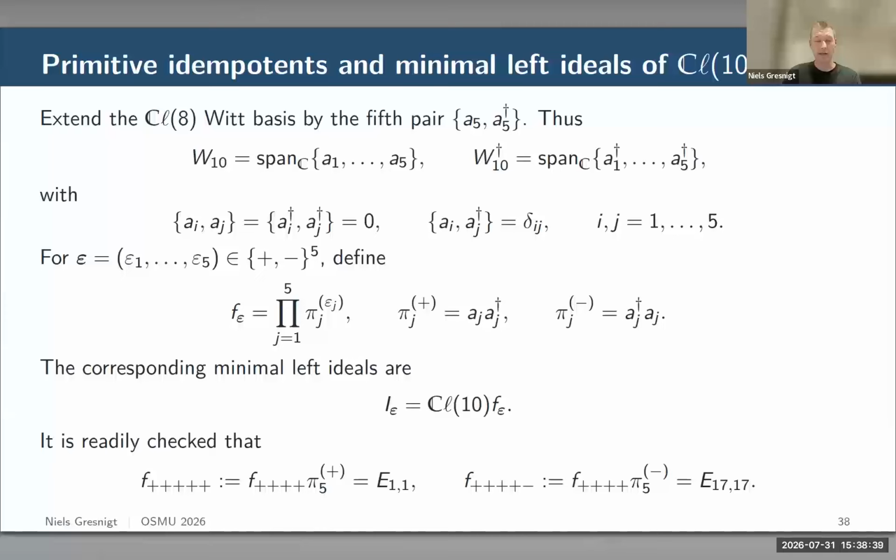Now it is checked that we can embed the primitive idempotents that we had before in CL8 into CL10. And then this closed subspace structure that we found in CL10 with two of the minimal ideals form a closed subspace under S3, this extends to CL10.